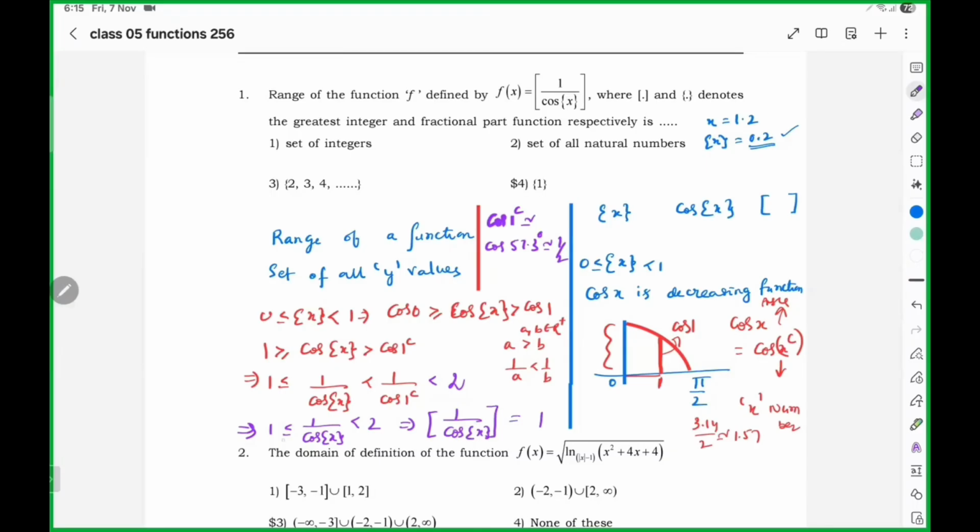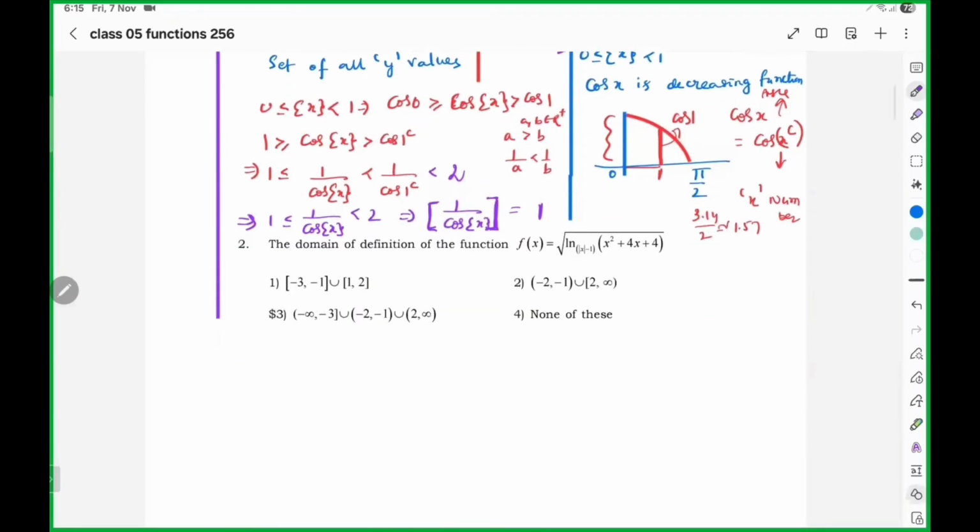Even if you take one between 1 and 2, meaning 1.5 or 1.6, definitely the integral part will be 1. So the range contains only one element, so that is 1. Right.